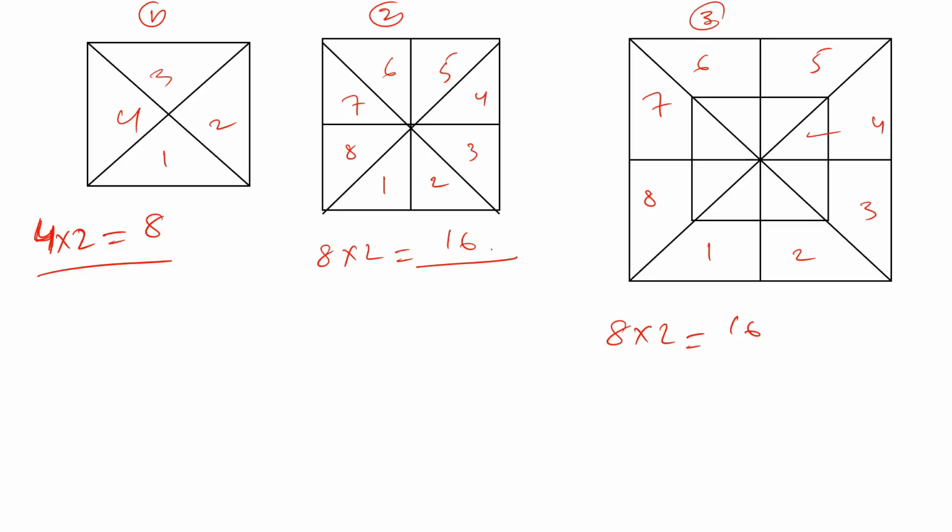And now we'll count the inner square. 1, 2, 3, 4, 5, 6, 7, 8. So 8 multiplied by 2 equals 16. So now we have to add 16 and 16, we will get 32. So the total number of triangles in figure number 3 is 32.